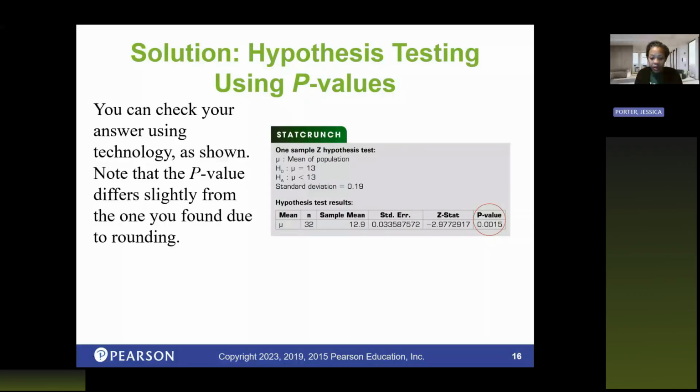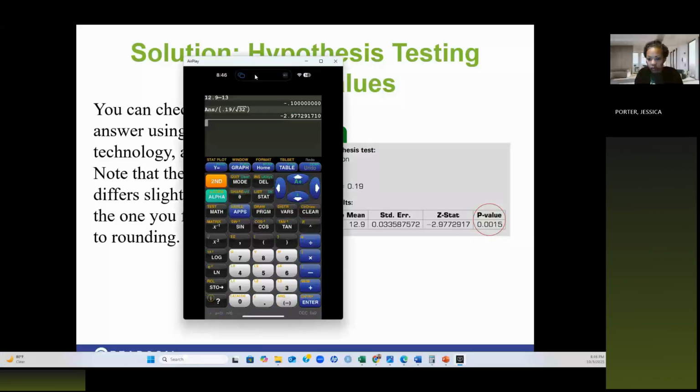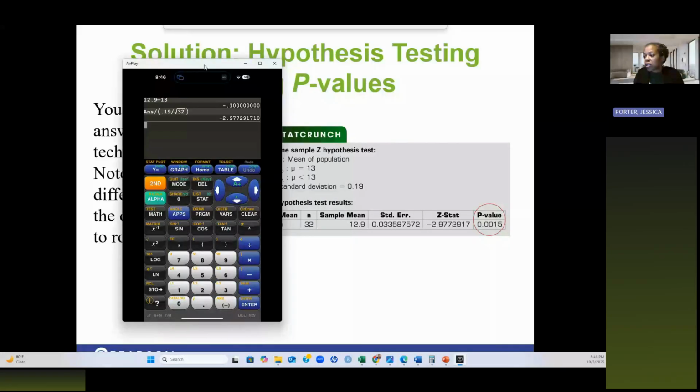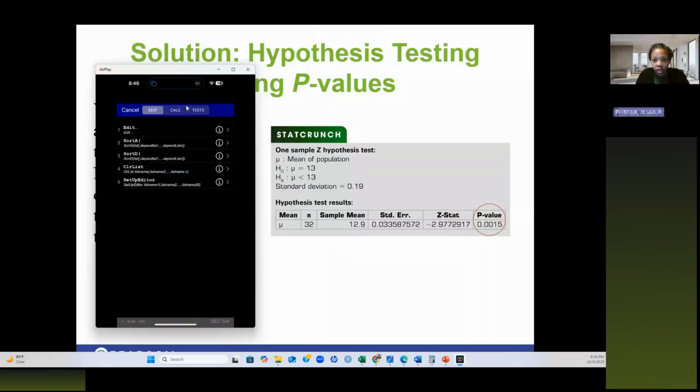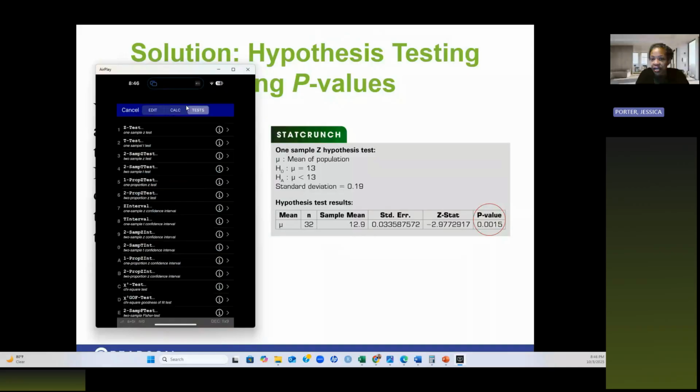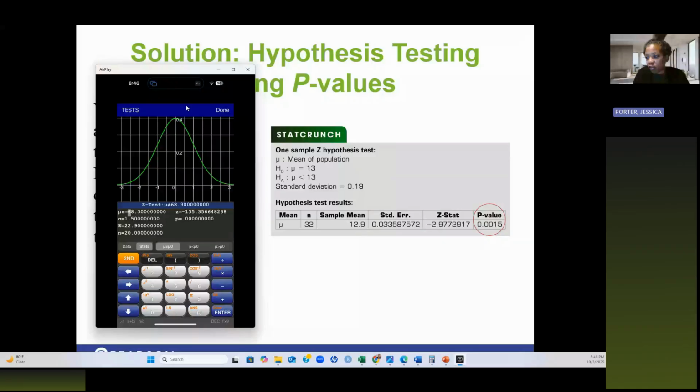Let's go to the TI calculator, because our information is there. You're going to go to Stat, Tests, and Z test. Then you're going to enter in all of your information. So the population mean was 13. Standard deviation was 0.19. Sample mean was 12.9.